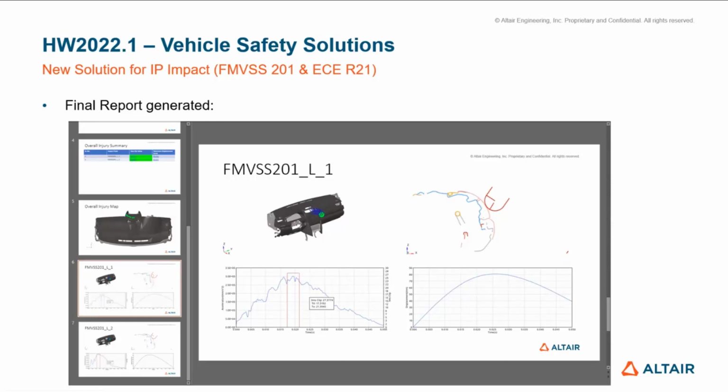As you can see, this is just a screenshot of the generated report for this example. You can have the overall injury summary tables and the different pages showing the injury mapping and different detailed pages for each selected impact location.